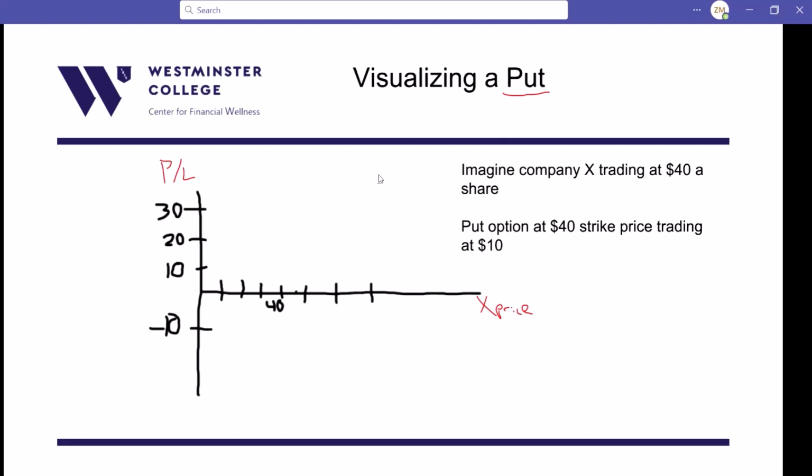The reasoning they are flipped is because of that same thing we learned earlier, the fact that a call option is the ability to buy a share or a stock at its original strike price, whereas a put option is the ability to sell at that original strike price, which tells you, because you're able to sell it at that original strike price, when that stock loses value, you are given the ability to sell it for more than it's worth. And by selling it for more than it's worth and exercising your option, you are able to turn a profit.